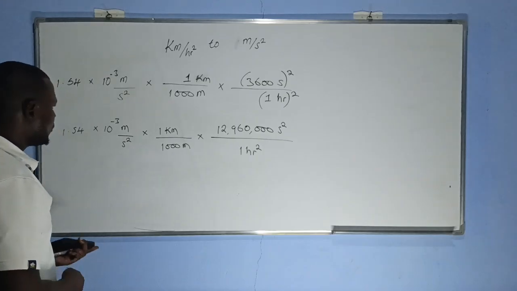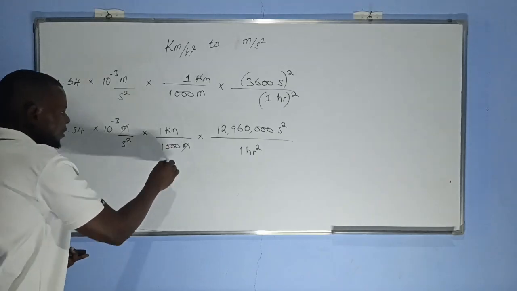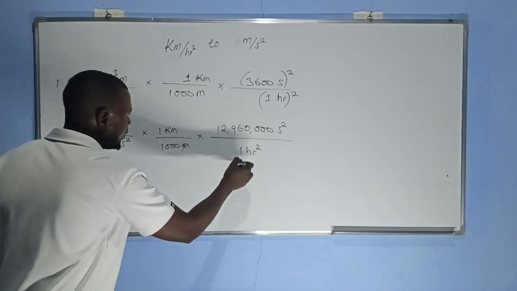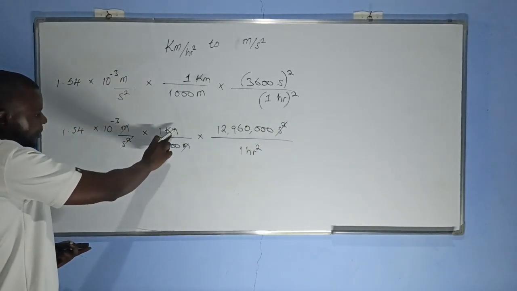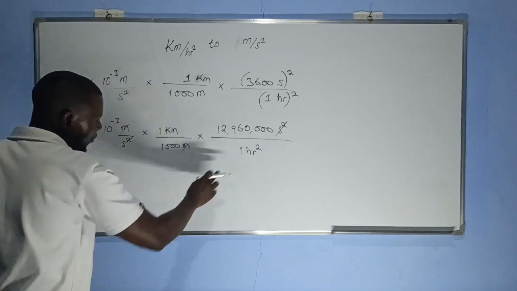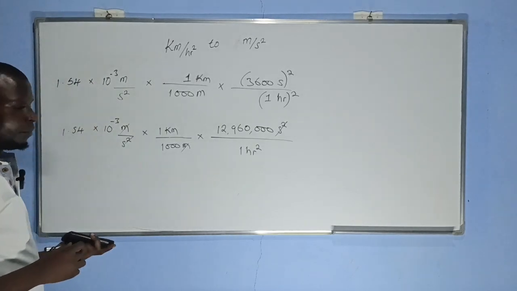So now all we have to do is cancel the units and punch our calculator. This and that will cancel. The unit of interest, kilometer, remains. The unit of interest, which is square hour here, remains.